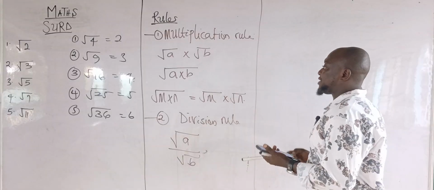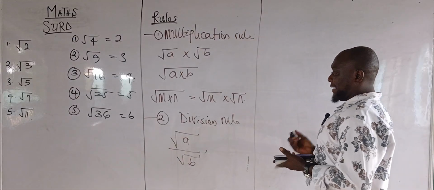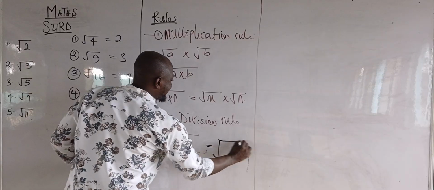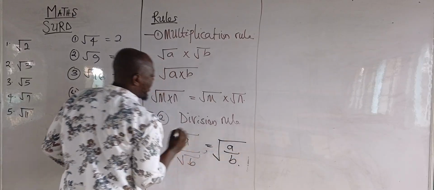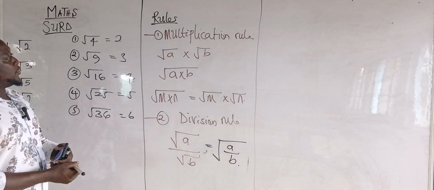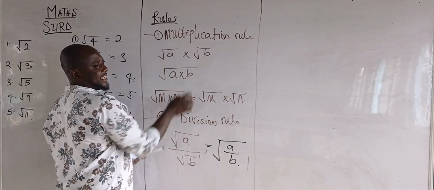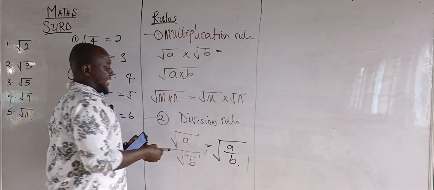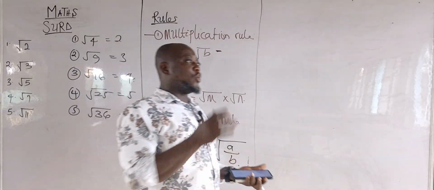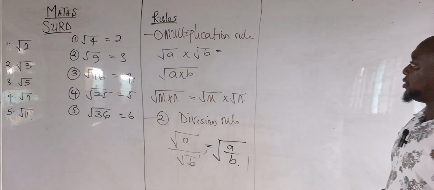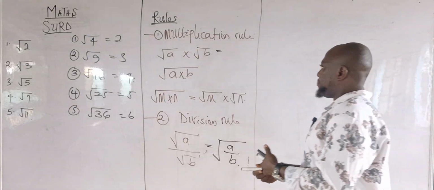Yes, the root can be expressed as 1, and then you can proceed to solve. So I can express it as √(A over B). This is correct. So that means I can express multiplication like this or like this. It is correct. They are all correct going further.